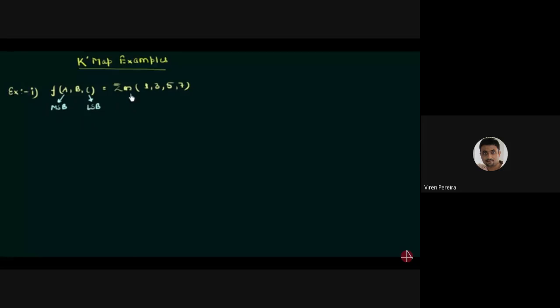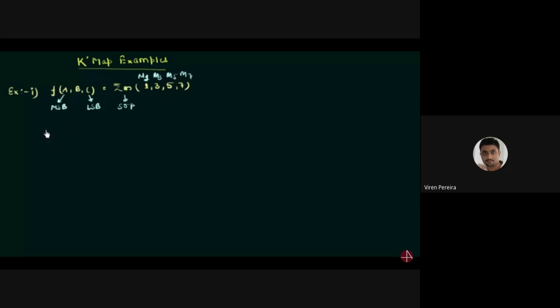This summation of M represents that it is a sum of products, and 1, 3, 5, 7 are actually M1, M3, M5 and M7, which tell us about the true values of this function F. So it is actually a truth table written in short form.